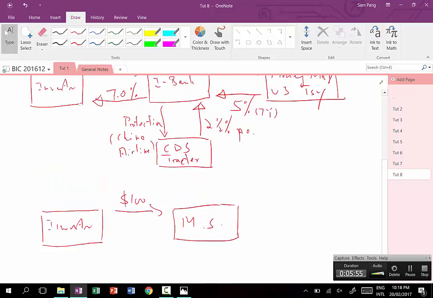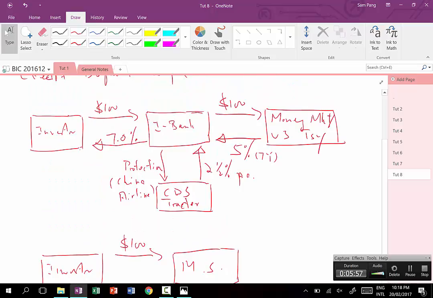Now in the case above, if nothing happens at maturity, then the iBank will get $100 back from the money market, and there will not be a claim from the CDS trader if there has not been any credit event or bankruptcy. And then the $100 just goes back to the investor.